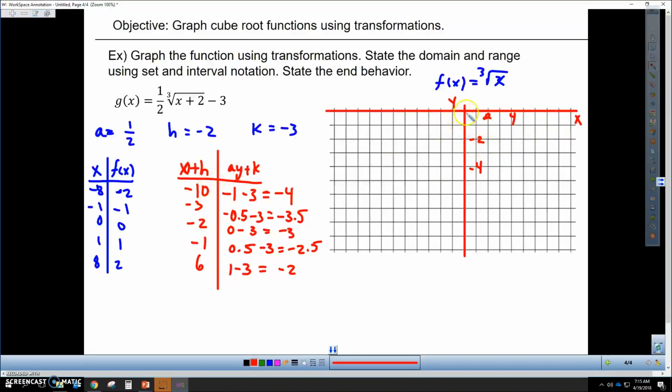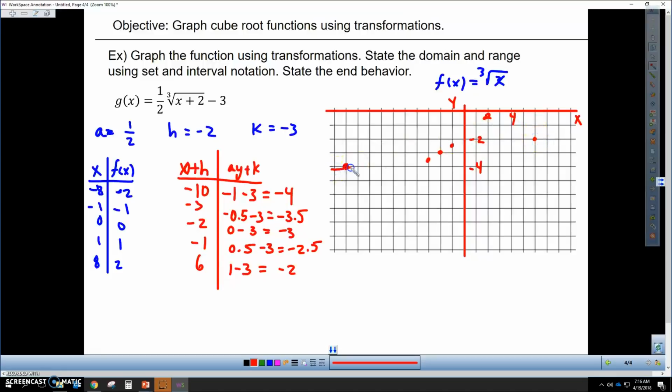So, -10, -4: 1, 2, 3, 4, 5, 6, 7, 8, 9, 10, and then we go down 4 to this point. -3, -3.5: 1, 2, 3, down 3.5, it should be here. -2, -3 is here. -1, -2.5 is here, and 6, -2 is roughly here.